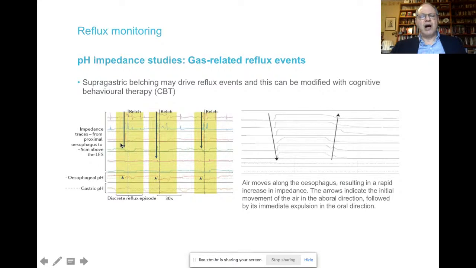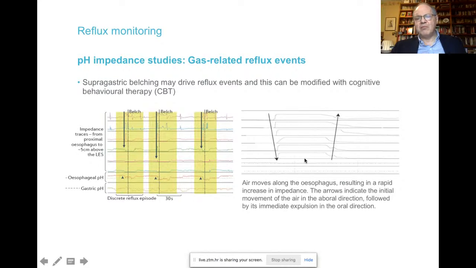Now, if you amplify the time scale and check the direction of the spike of the air movement, you can distinguish between gastric belches and supragastric belches. The diagnosis of supragastric belching is very important and new because this is a behavioral disorder that requires behavioral treatment much more than PPIs or anti-reflux surgery.